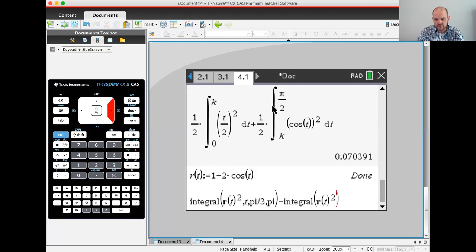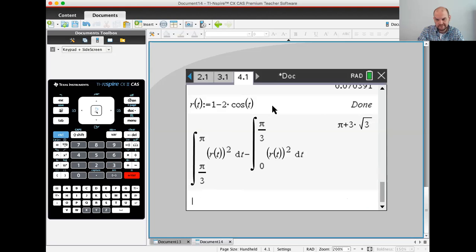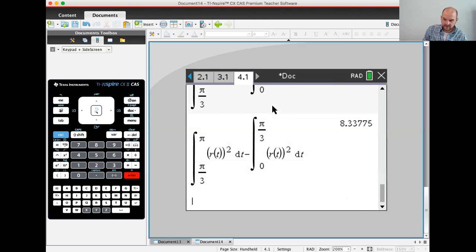I should just square r of t and store that as a different function, but whatever. 0 to pi over 3. So I think that's right. Okay, so I'm going to go with the decimal, 8.338. Filling these in on paper just so I have it, I guess.